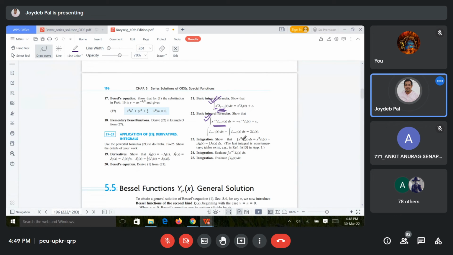If you take nu is equal to 1, it will be x j naught. So if you take nu is equal to 1 in that formula, I am getting x j naught, not exactly x square j naught. That is why I am splitting it into x into x j naught. Do you get it? What is the need of splitting x square j naught as x into x j naught? To apply this formula. Directly I cannot apply this formula.